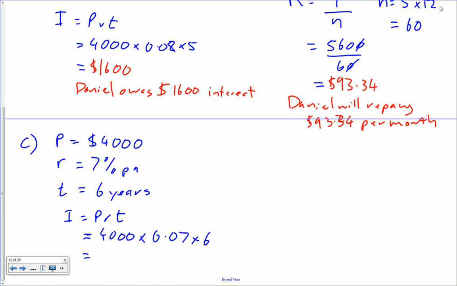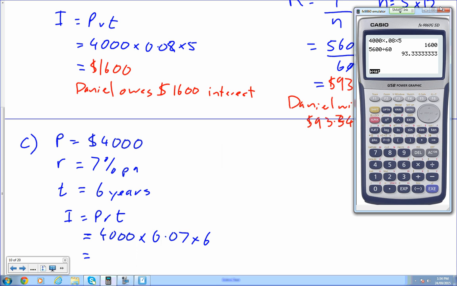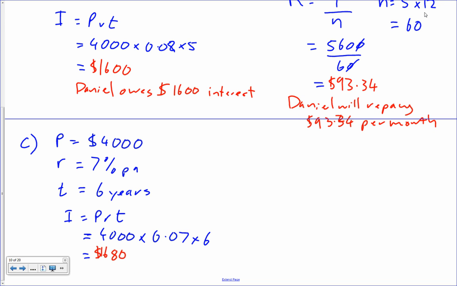So we grab our calculator. So 4,000 times 0.07 times 6 equals 1,680. So we can again work out his repayments. So let's first work out our total equals interest plus principal. So that's 1,680 plus 4,000. So that's going to be 5,680.